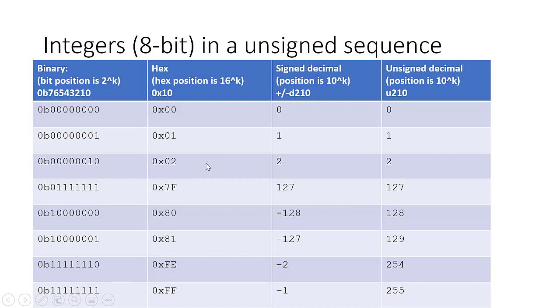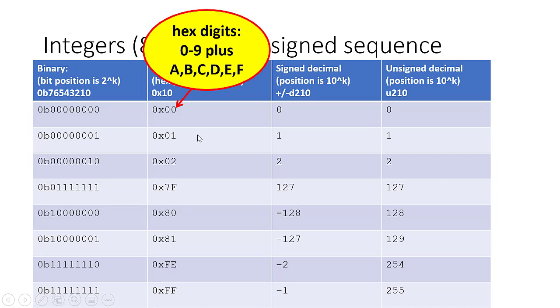So here your digits in a hex format, you have 0 to 9, but then you have to add in the higher values of A, B, C, D, E, F, which would be 10, 11, 12, 13, 14, 15. And that takes care of the hexadecimal equivalent.